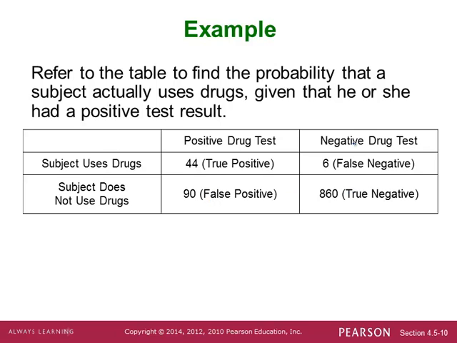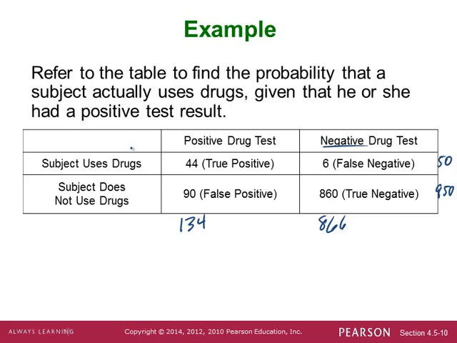Also, suppose that 134, add these two right here, 134 people come up positive on the drug test. And then 6 plus 860 is 866 people test negative. Add this row, you get 50. Add this row, you get 950. So we got row totals and column totals.